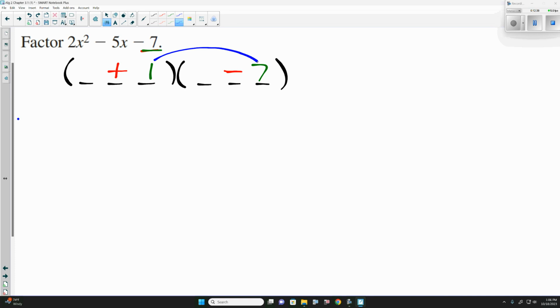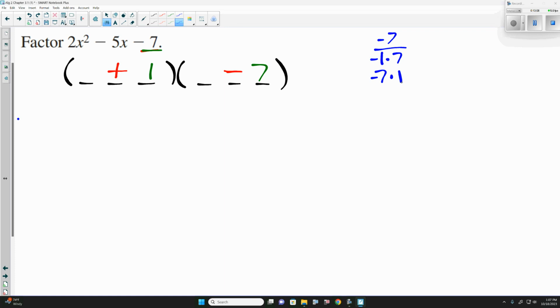Now, one of the other things that's nice, or the reason I like doing the signs before we find factors, is because here it's not bad. Negative 7, the factors for it, if we were applying the signs, would be negative 1 times 7, or negative 7 times 1, if we had to take the sign into account.